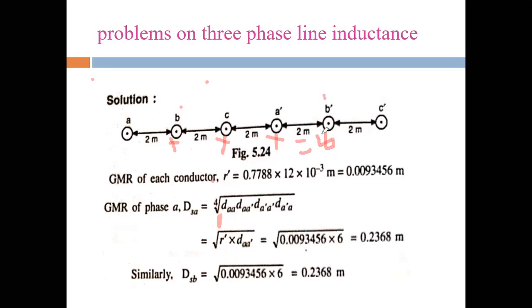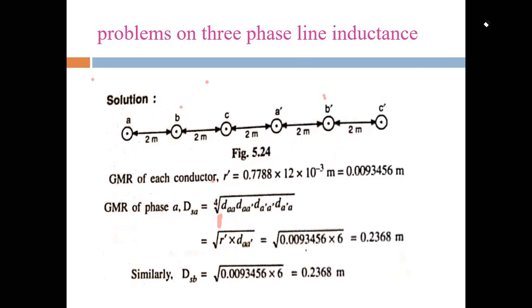That is the distance between A to B dash, 8 meters. Then substitute these values.